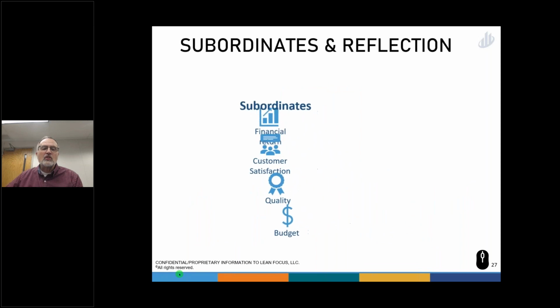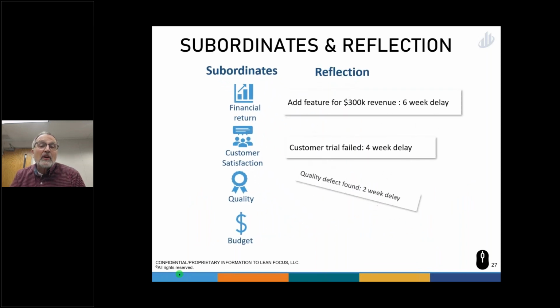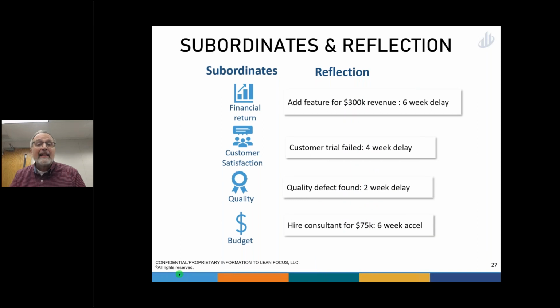So let me just show you what I mean here. If I look at financial return, maybe I go to the boss and I say, we found a new feature we can add. It's going to give us $300,000 per year of revenue, and it's only a 6-week delay. See the reflection? Customer satisfaction. We just failed a customer trial. They hate it. And now we've got to go back and work on several things that's going to cost us 4 weeks. I live this. I remember this from about 8 years ago. We had a project that was exactly that.